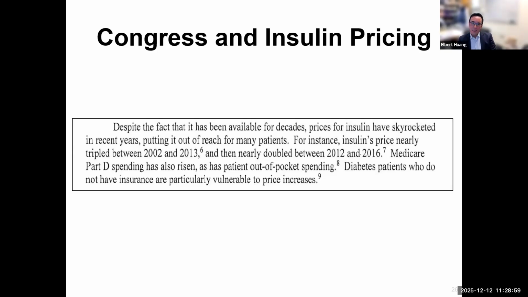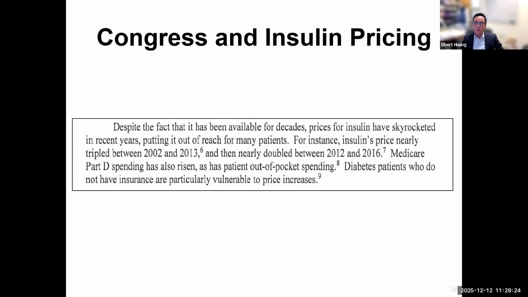Despite the fact that it has been available for decades, prices for insulin have skyrocketed in recent years, putting it out of reach for many patients. For instance, insulin's price nearly tripled between 2002 and 2013, and then nearly doubled again between 2012 and 2016. And so this called out this public policy, public health crisis.